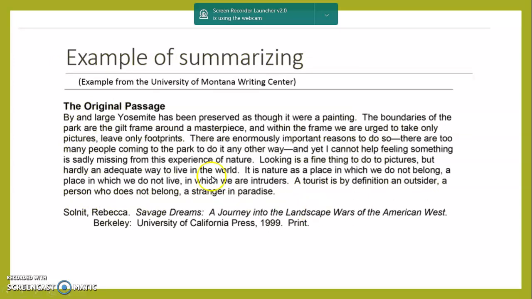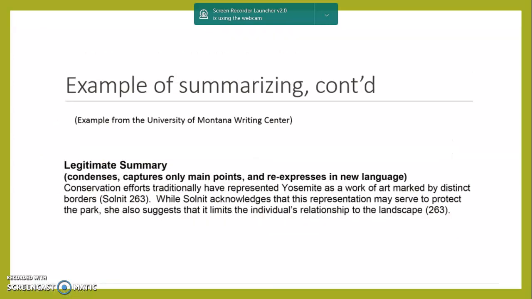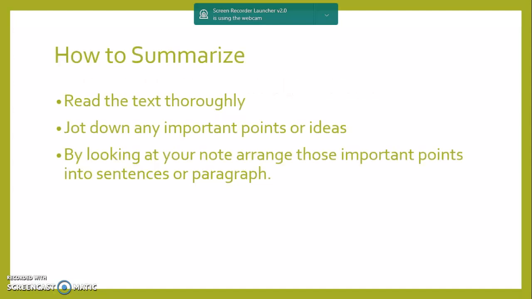This is the example of summarizing. So this is the original passage. Okay, I'm going to show you the summary of it. You can see the number of sentences. Okay, and then see the result of the summary. Okay, you can put it by yourself. I'm not going to put it for you. How to summarize?